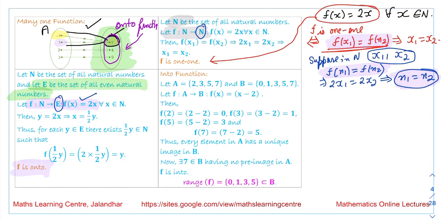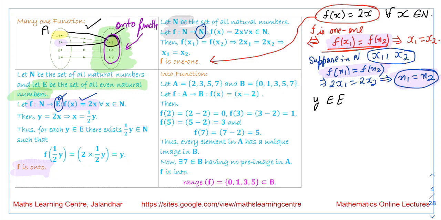Or the second thing we can do is consider an element y which belongs to E. Then we have to prove that every element has a pre-image.